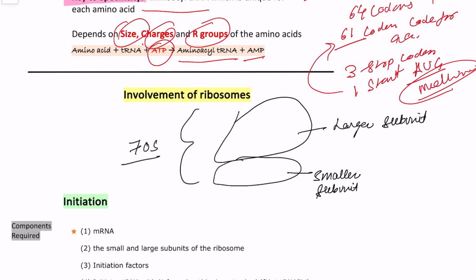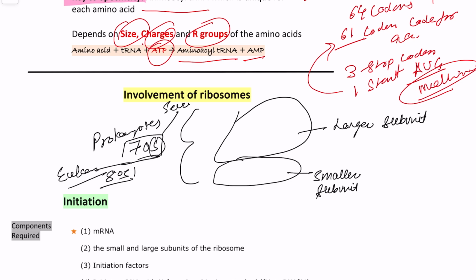Overall, it is 70S in case of prokaryotes and 80S in case of eukaryotes. We are talking about prokaryotes here, so we will be talking about only the 70S. As you know, this is the Svedberg unit, named after the scientist who was working with the ribosomes.